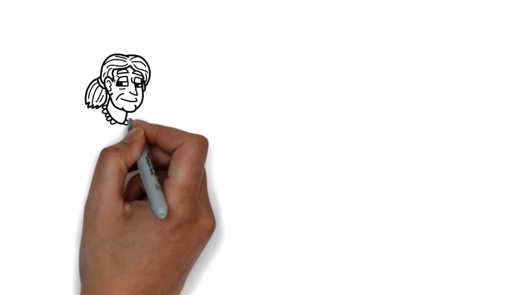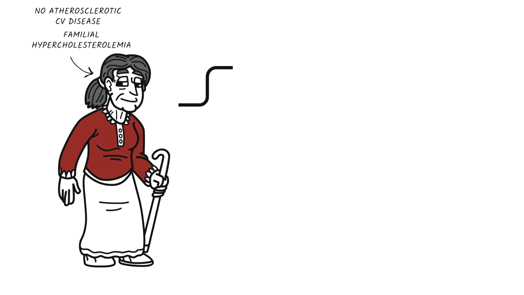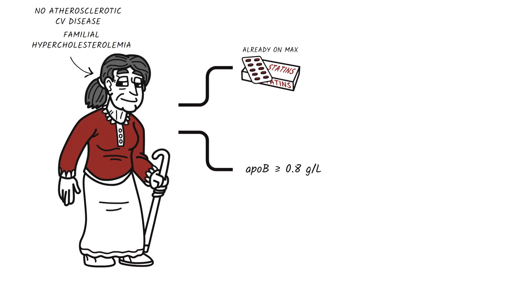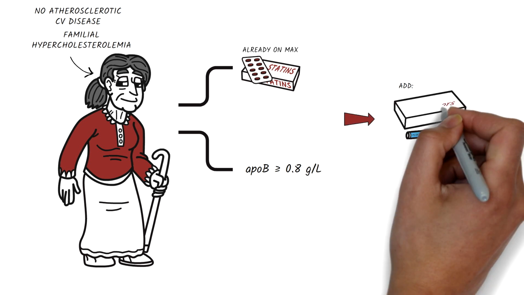If your patient has no atherosclerotic cardiovascular disease, but does have familial hypercholesterolemia, and is already on a maximally tolerated dose of statins, with or without ezetimibe, and their apoB is still greater than or equal to 0.8 gram per liter, then PCSK9 inhibitors should be used.